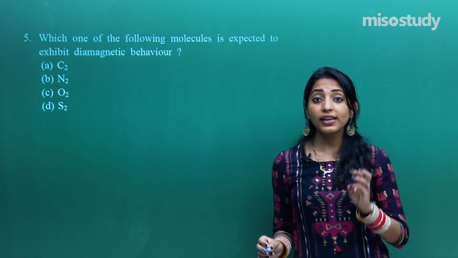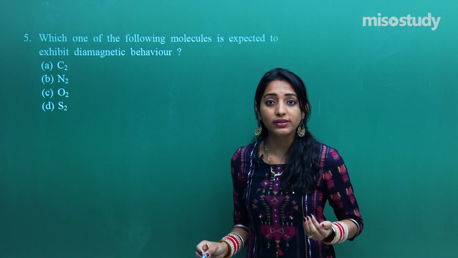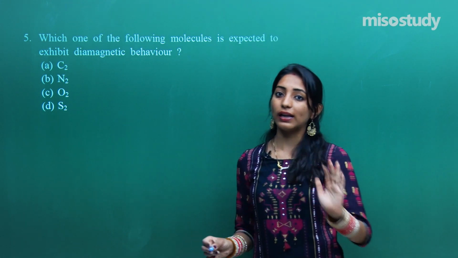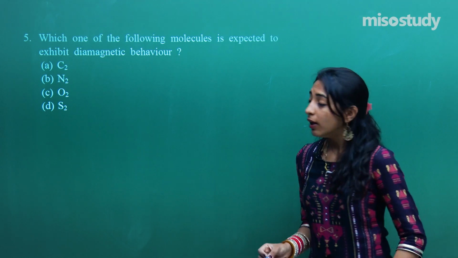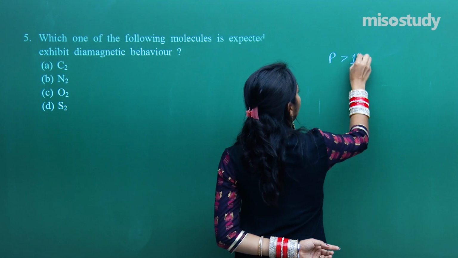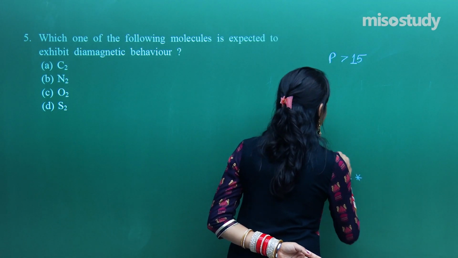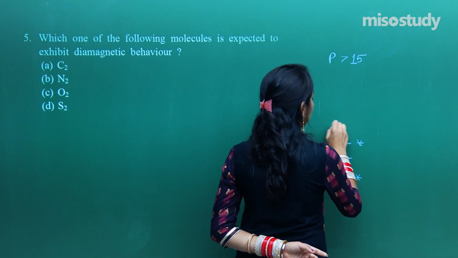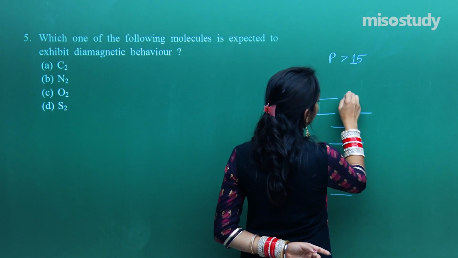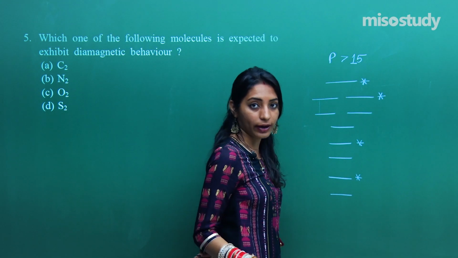The first category, where the number of protons in the molecule will be greater than 15 or less than or equal to 15. If the number of protons is greater than 15, I will draw sigma 1s, sigma star, sigma 2s, sigma star, sigma 2pz, pi 2px, pi 2py, pi star 2px, pi star 2py, and sigma star 2pz, right?